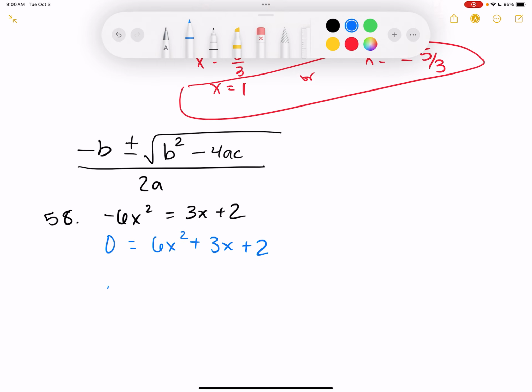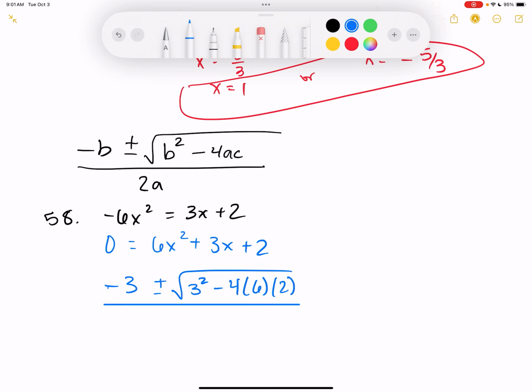So negative b, that's negative 3, plus or minus the square root of b squared, so that's 3 squared. If you want, knowing that's 3 squared, you can write that as 9. But just for this first one, I'm going to write out each step. Minus 4 times a, which is 6, times c, which is 2. All over 2a, just 2 times 6.